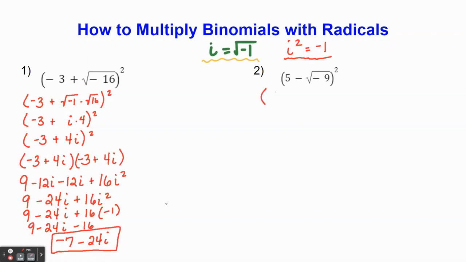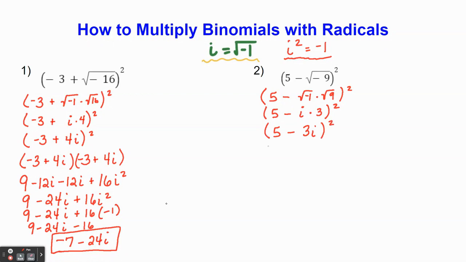Okay, so on problem 2, let's go ahead and rewrite the square root of -9 as the square root of -1 times the square root of 9. And again, we'll make that substitution that the square root of -1 is i and the square root of 9 is 3. All right, so I have 5 minus 3i to the second.